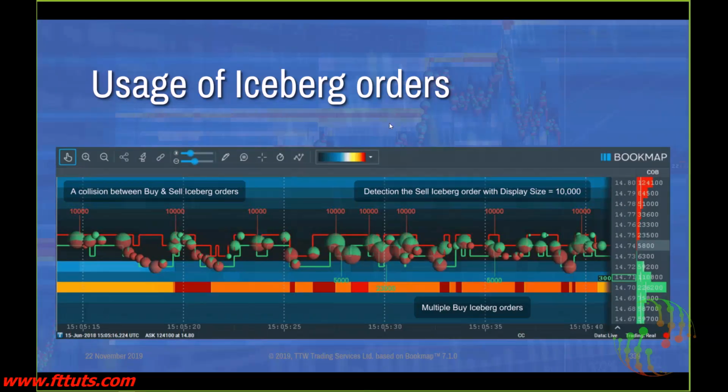The usage of iceberg orders is as described here: the indication of iceberg orders shows you that something is happening here. That means the market is likely to drop when they are hitting the bids constantly. But anyway, you should know about the function of iceberg orders and how they work.